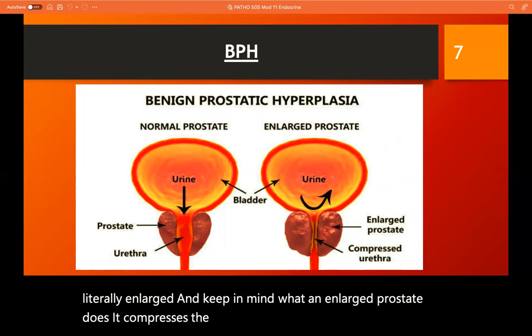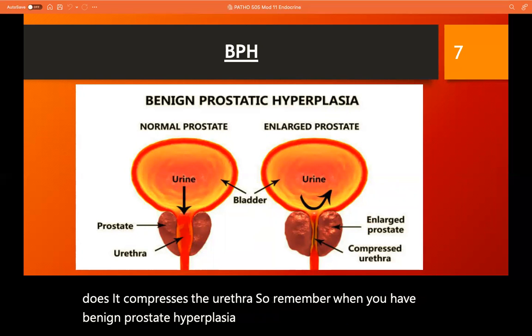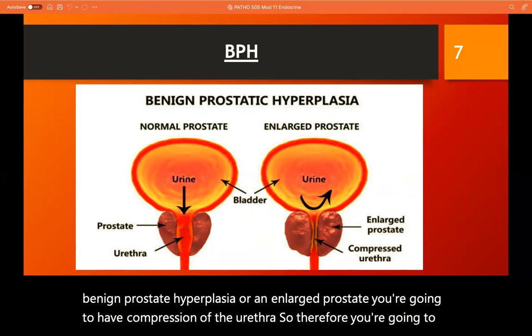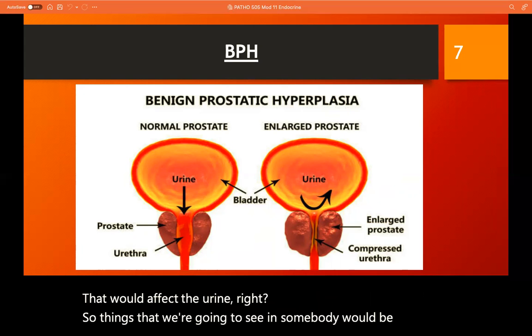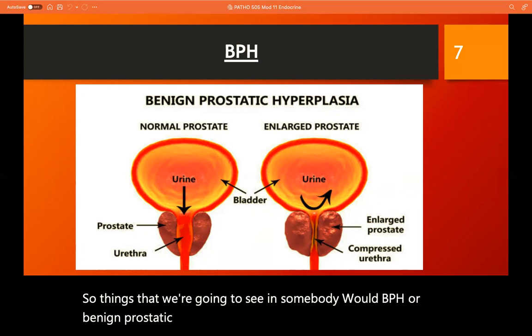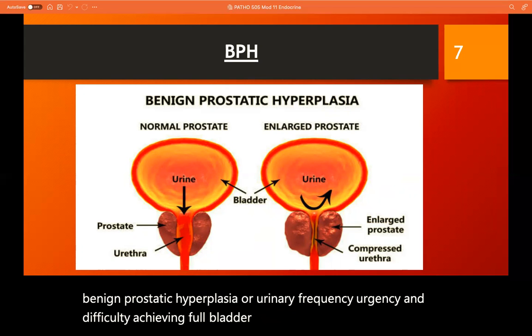So when you have benign prostatic hyperplasia, you're going to have compression of the urethra, and therefore symptoms that affect the urine. Things that we're going to see in somebody with BPH are urinary frequency, urgency, difficulty achieving full bladder emptying, and something called nocturia.